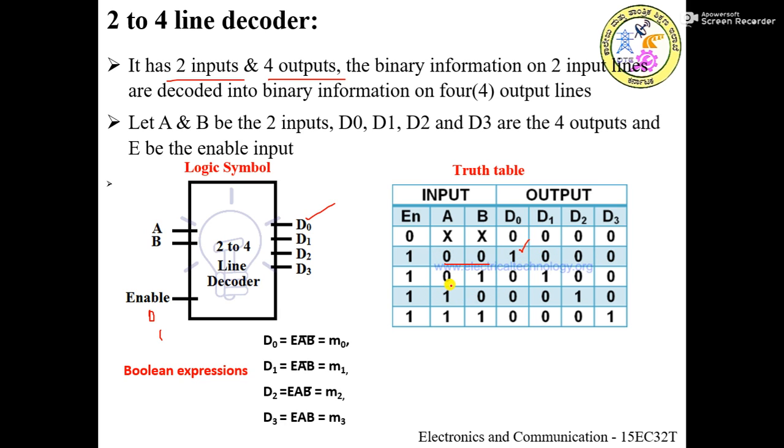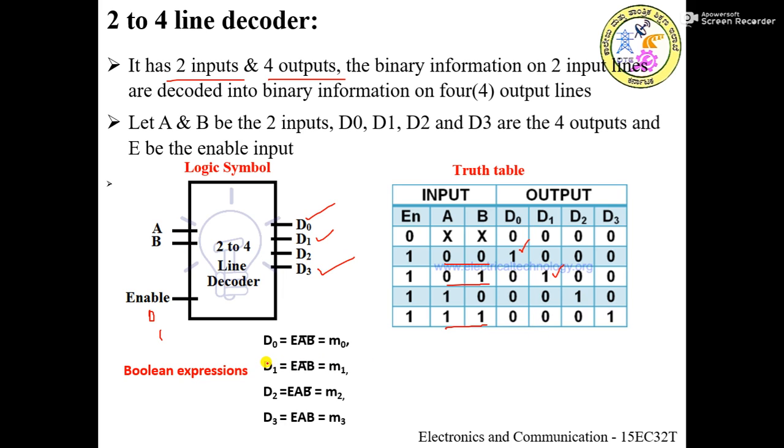Similarly, if A and B are 0 1, then D1 is activated. So D1 only will be active high, and all the other output lines will be active low. Similarly for the last combination, 1 1, D3 is activated and it is only 1, and all the rest of the outputs will remain 0.